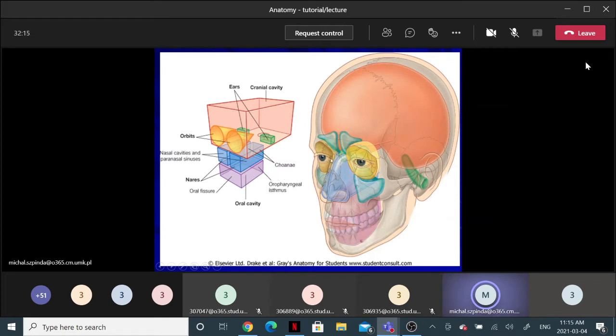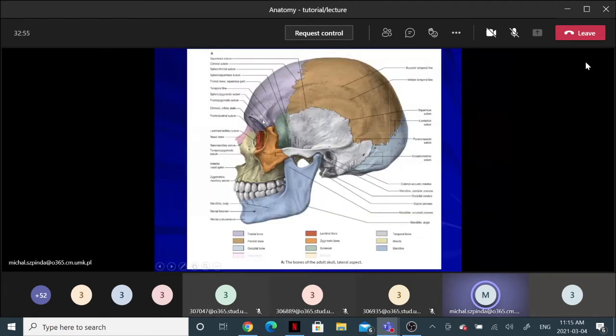This means that on the lateral wall of the nasal cavity project the medial wall of the orbit, the medial surface of the maxillary body, and the medial wall of the pterygopalatine fossa.